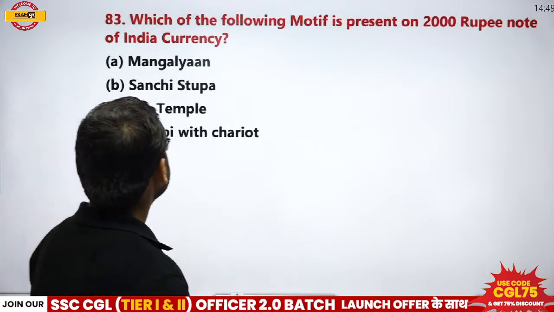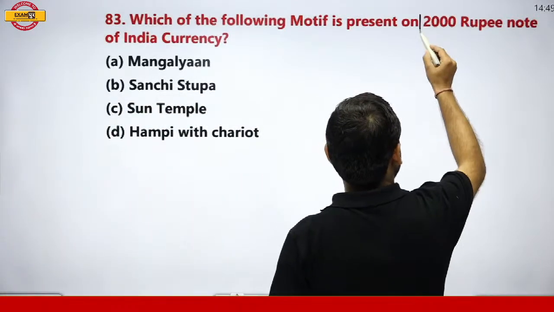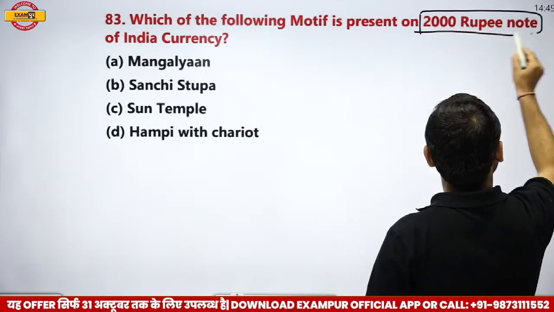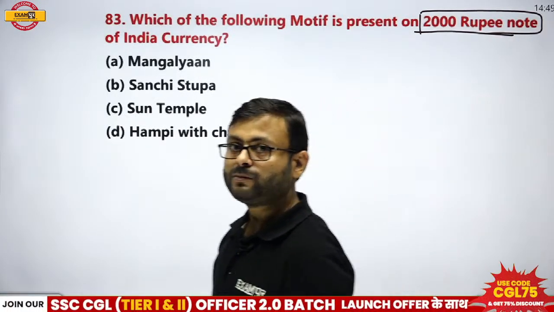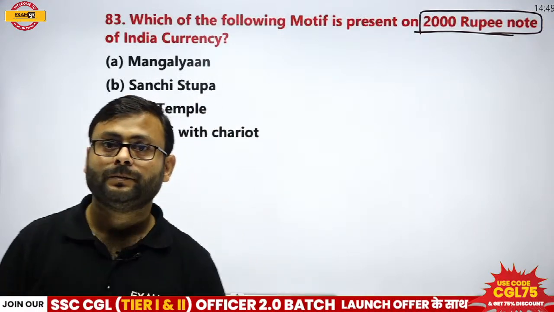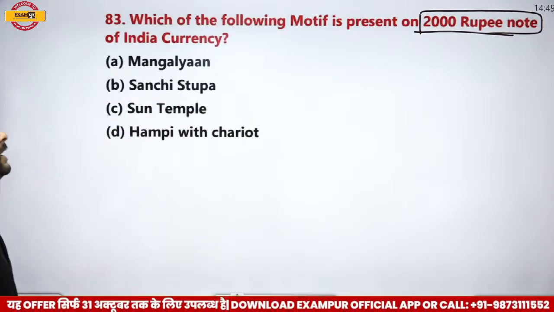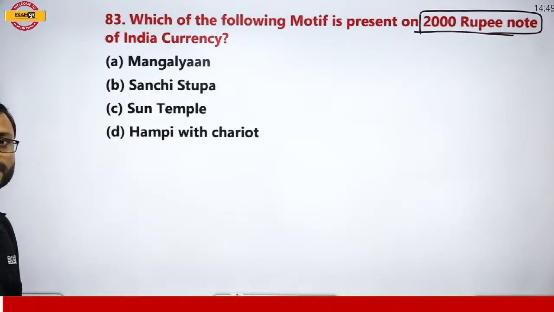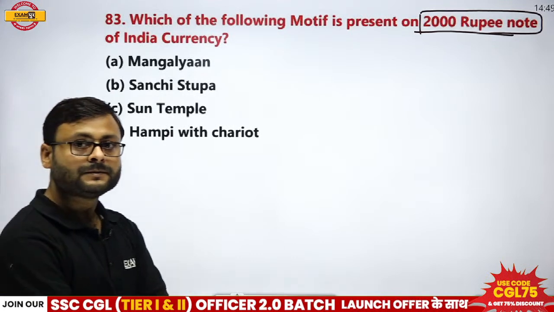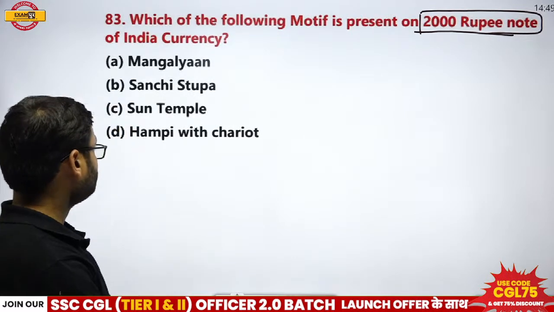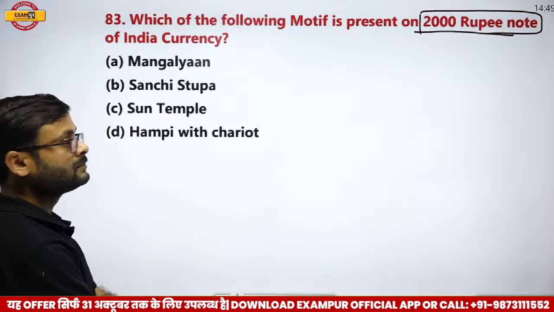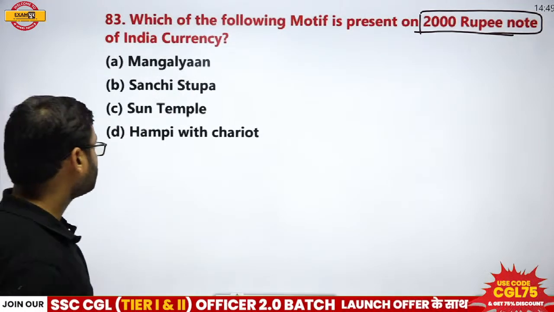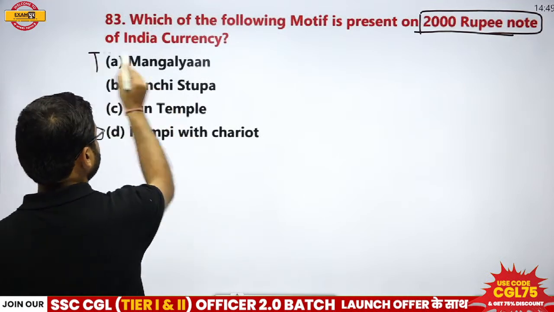The options are Mangalyaan, Sanchi Stoop, Sun Temple and Hampi with chariot. In this question, the correct answer is Mangalyaan.